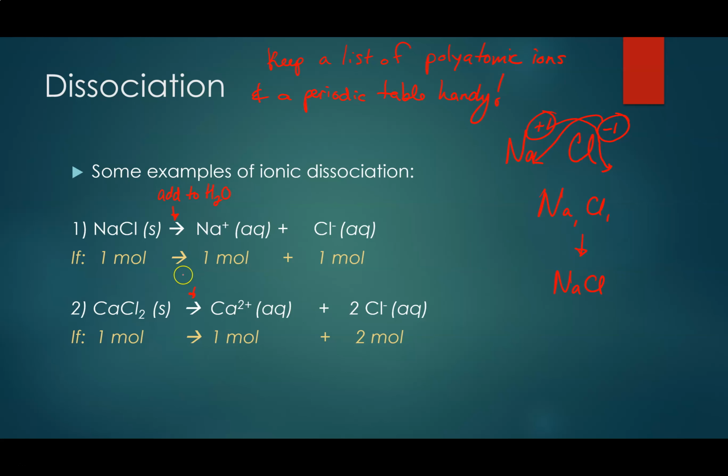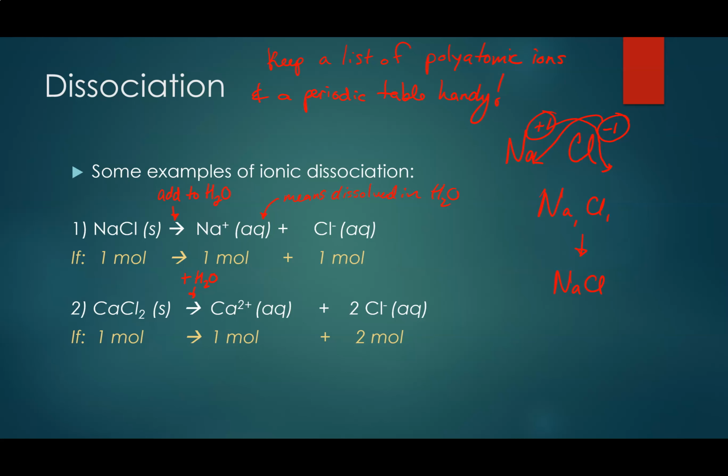So this means add water. Okay. When we add this to water, the Na ions and the Cl ions are going to break apart into their individual positive and negatively charged ions. That AQ means dissolved in water. All of this is review. We've talked about this stuff before.